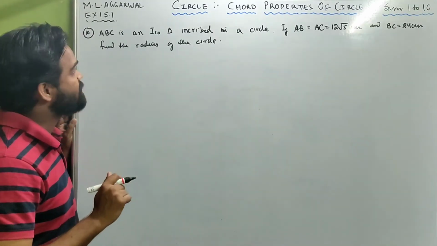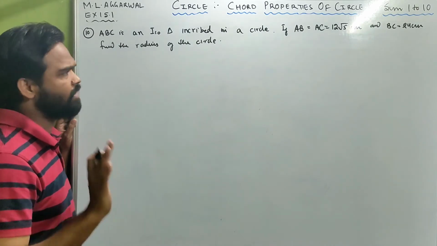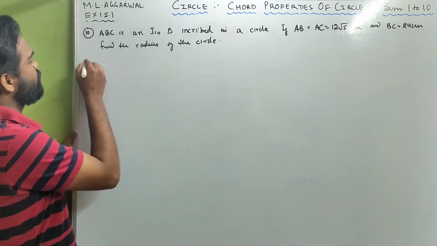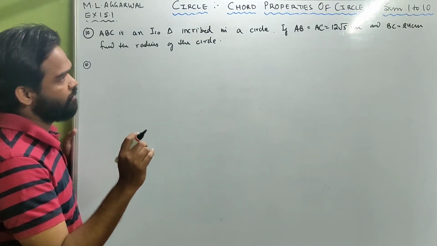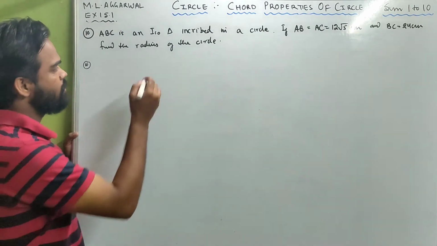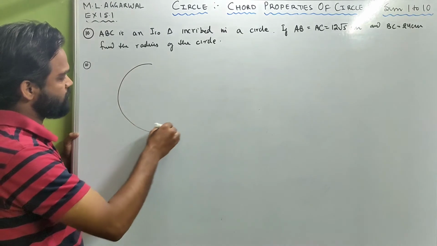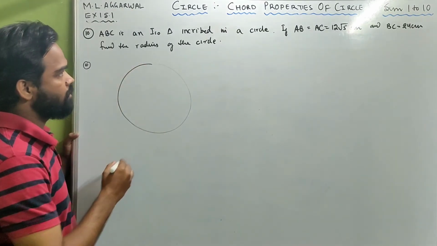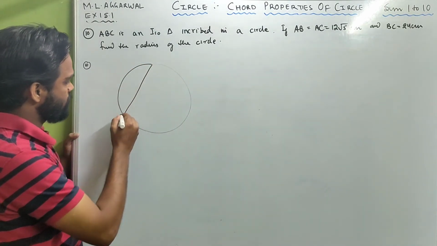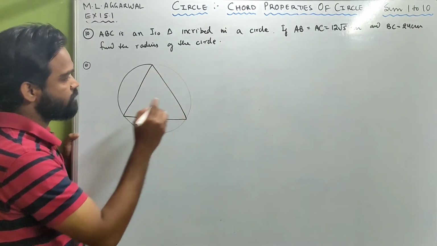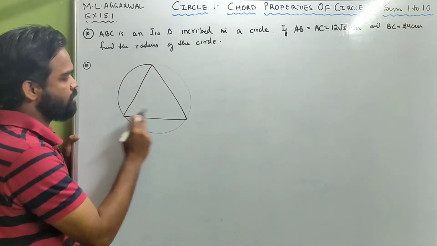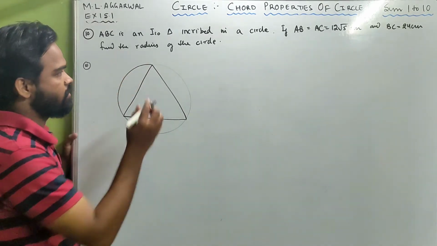Now let us look at the next sum. Now look at sum number 10. Sum number 9 is pretty easy. We have done that type of sum. Just look over here. Interesting sum. ABC is an isosceles triangle inscribed in a circle. Which means if you have a circle like this, inside the circle there is an isosceles triangle in such a way that its vertices lie on the circumference.